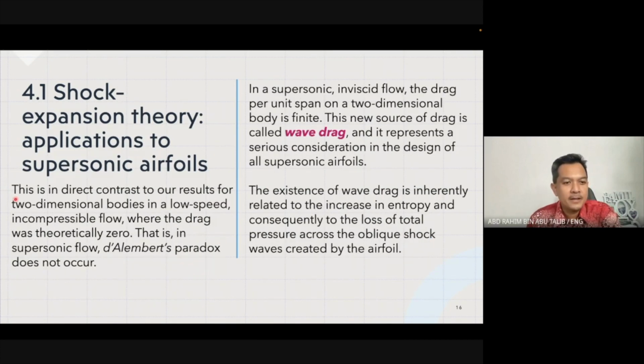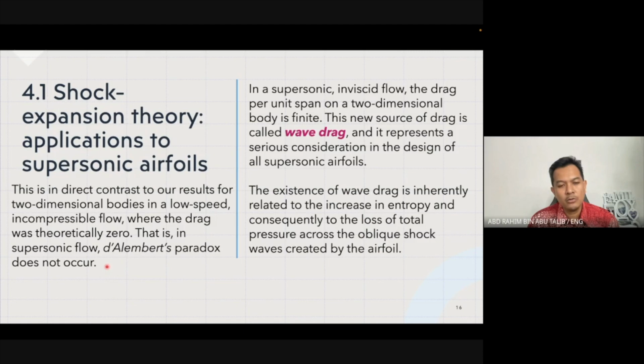This is in direct contrast to our results for two-dimensional bodies in a low-speed incompressible flow. If you look at the Aerodynamics 1 subject again, the drag was theoretically 0. In supersonic flow, D'Alembert's paradox does not occur.